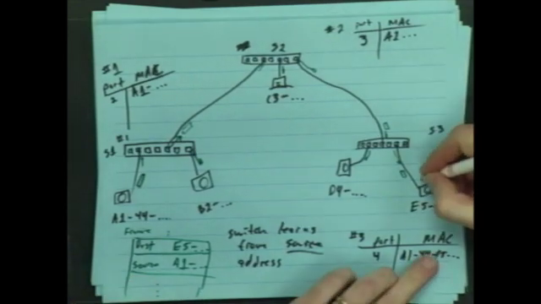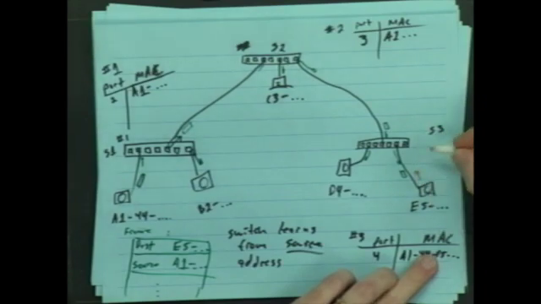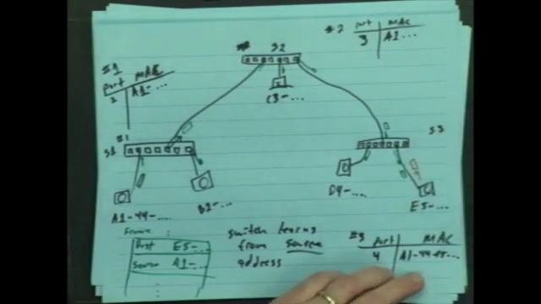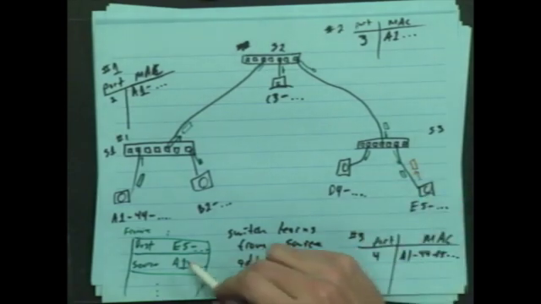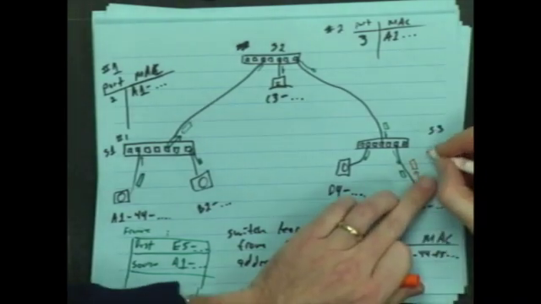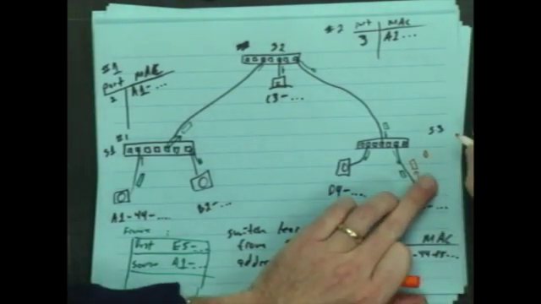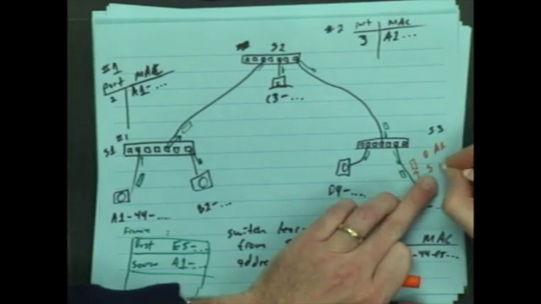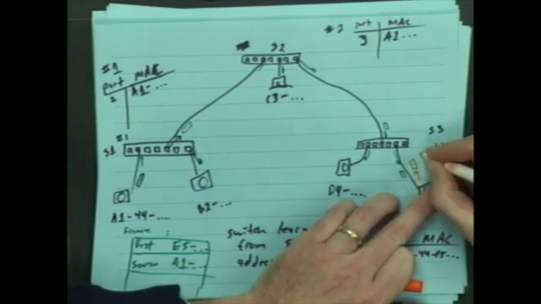And now E5 is going to send the response. What does the response from E5 to A1 look like if I'm drawing it as a frame? Like this. The destination is A1. The source is E5, okay?